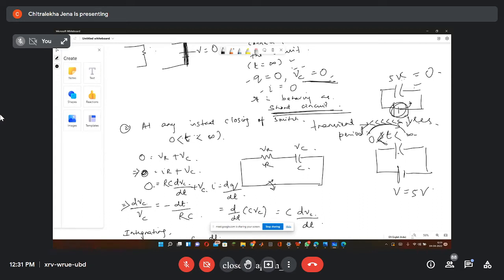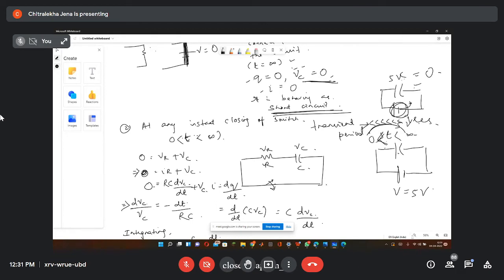Understood all of you? We are telling that 0 to infinite, but that infinite period is very less. That is why it is called the transient period.